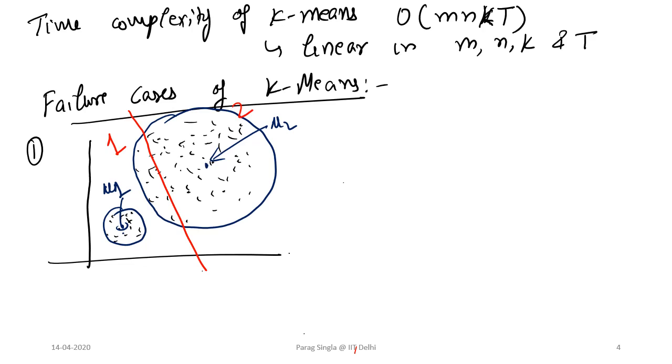And think about why this will be the case. In fact, you can even prove this mathematically, that if you start with mu1 and mu2 as shown here, then your red line will assign some of the points in cluster 2 to cluster 1. And why does this happen?